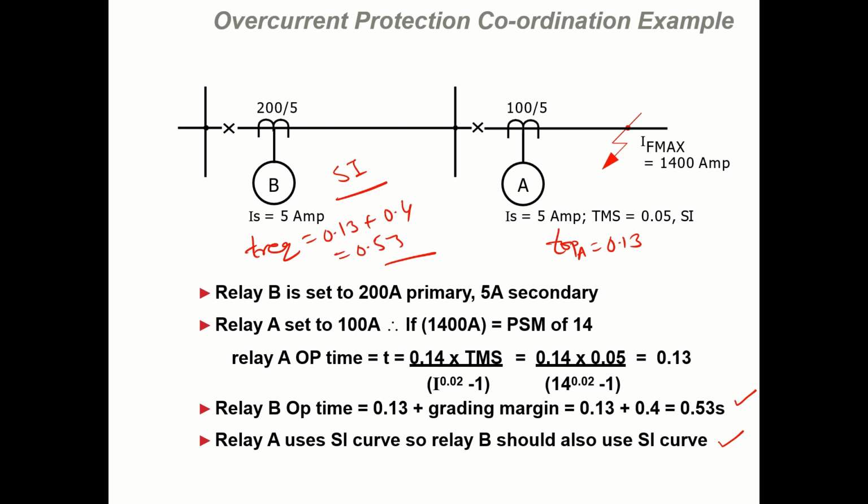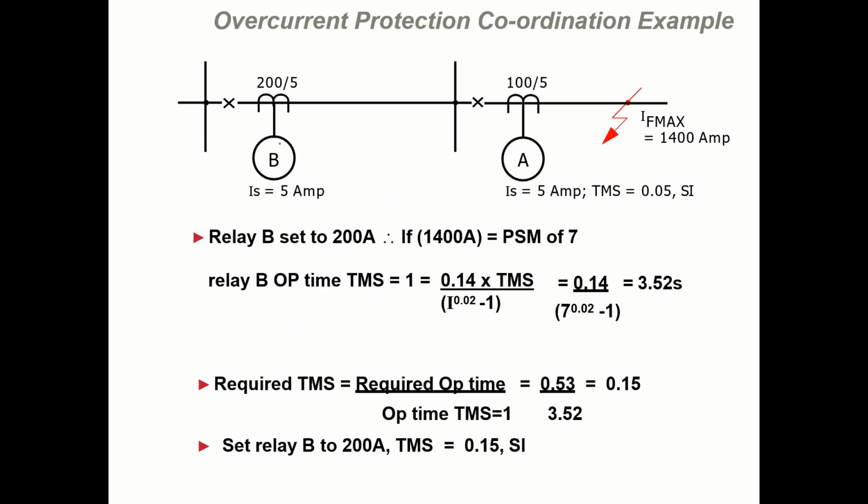So now what we have to do? First we have to calculate the time of operation of this relay with TMS equal to 1 and with standard inverse characteristic. We also know I_F here we have already calculated at 35 ampere and I set is 5. So we can very simply calculate for TMS equal to 1.